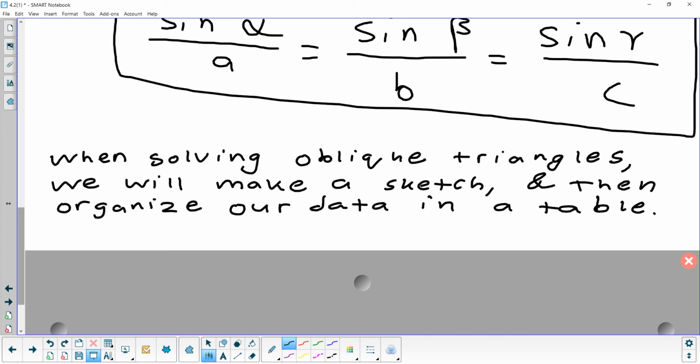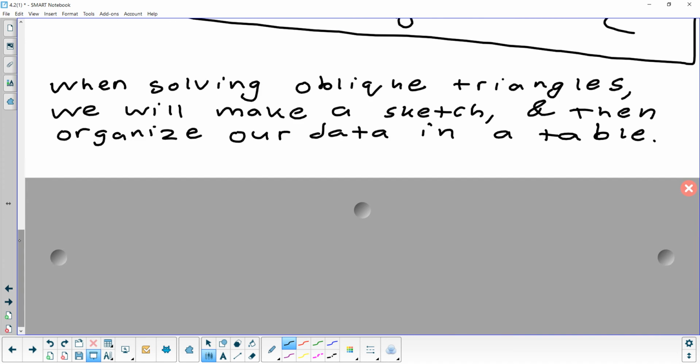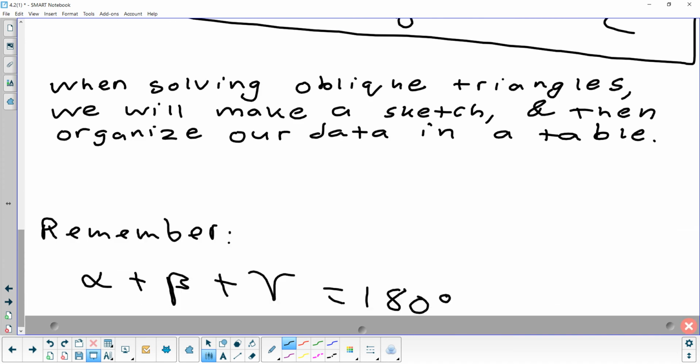If, for some reason, I give you a problem that has a 90 in it, you can use what I'm teaching you right now to solve it, or you can go back to Pythagorean theorem in the way we learned 2 weeks ago. But don't expect there to be 90-degree angles most of the time. Remember that when you add up all your angles, they still have to add to 180.